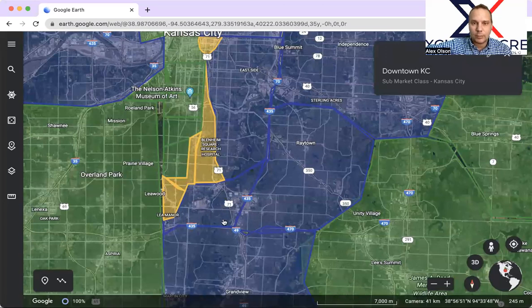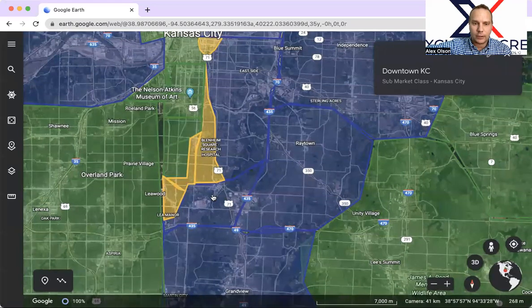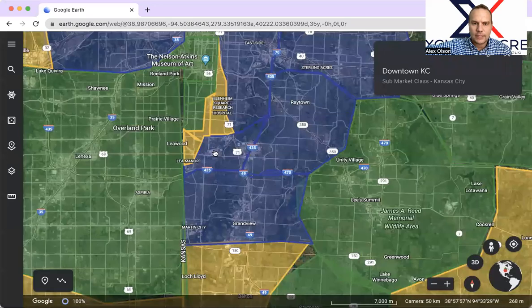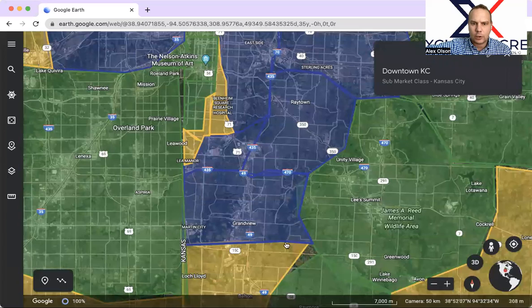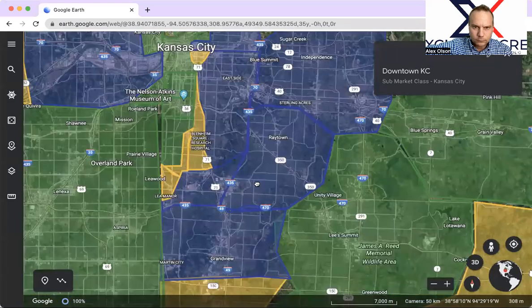It's still C, but I just wanted to highlight that there are jobs available down here. And then down here into the Grandview market, this is also a strong C market with a lot of economic development going on with more blue collar jobs. You can see Martin City here, but Grandview heavily dominates here.